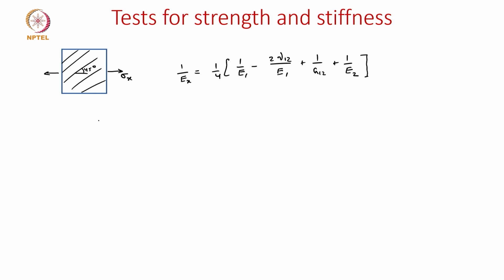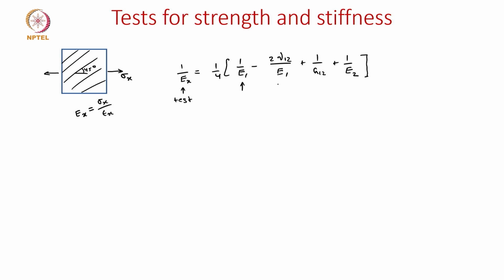So from the experiment I should be able to find out what is Ex, because Ex is simply sigma x by epsilon x, meaning the applied stress by the measured strain in that direction, or the normal strain along the loading direction. So this we are getting from the test, Ex. E1 we have seen from the previous slide, the normal simple test where we applied an axial load along the material coordinates.